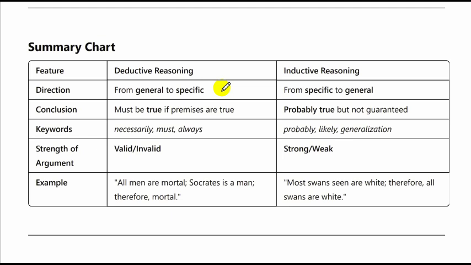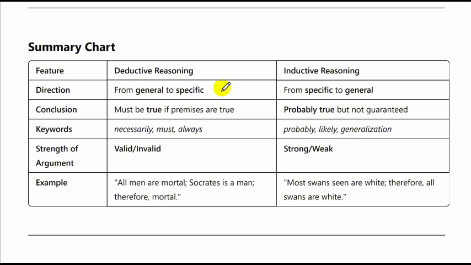Deductive reasoning, we can find some keywords in that which states necessary, always, must. So it is conclusive. Whereas inductive is probable. Keywords include probably, likely, generalization.